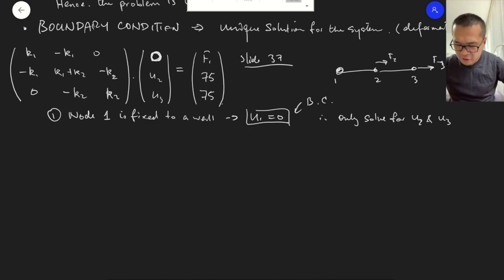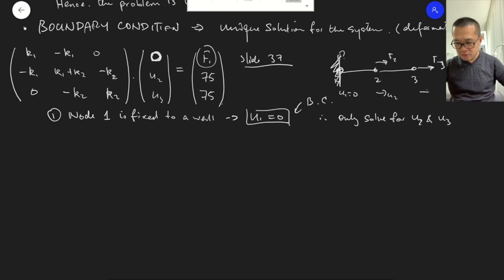What we try to solve in this case is, if these two are under loading, what will this force be? So that's an unknown variable. And we know this one is fixed in position, so U1 is 0, but we'll try to solve for U2 and U3. So these are also our unknown variables.